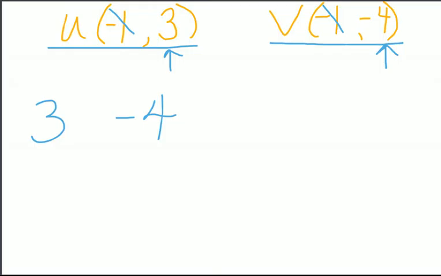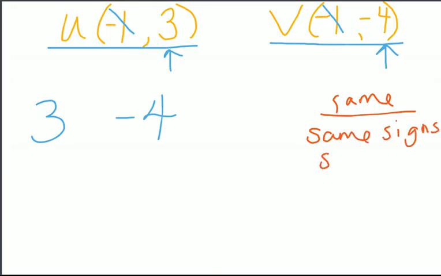So remember your rules. If it's on the same side of the axis, they're going to have the same signs, and you're going to subtract.